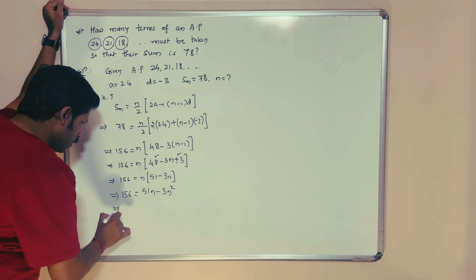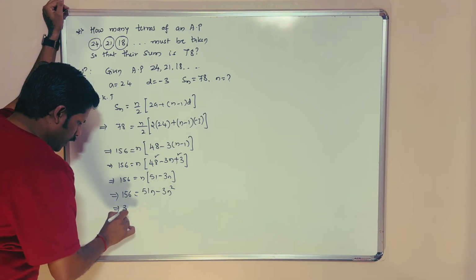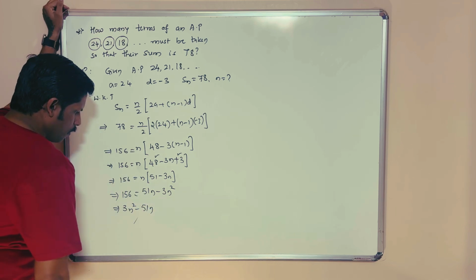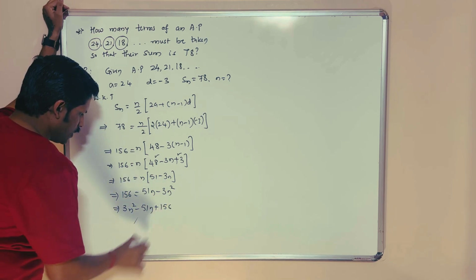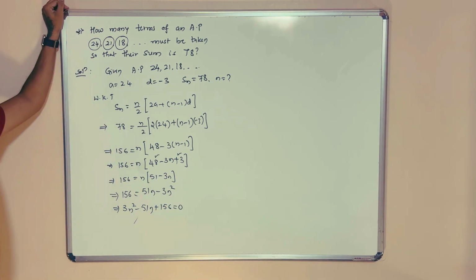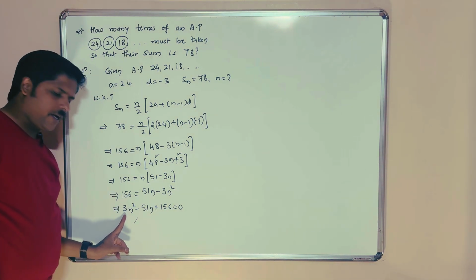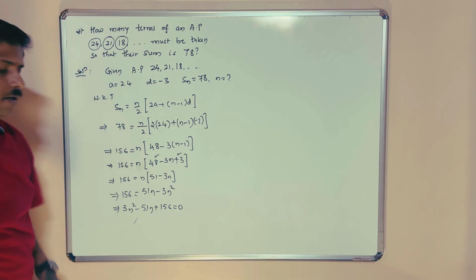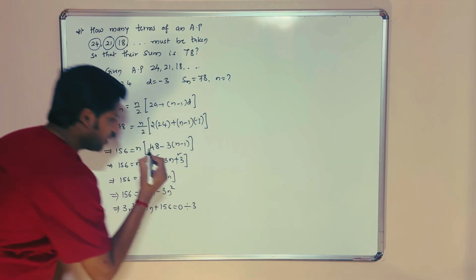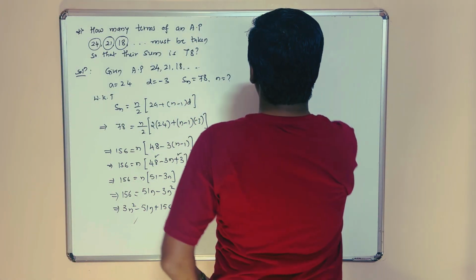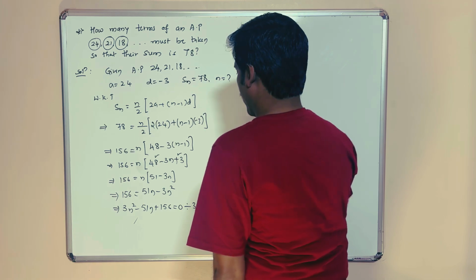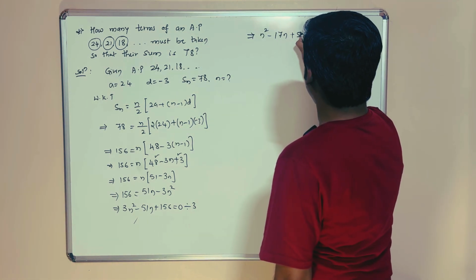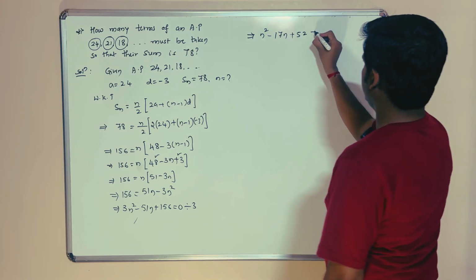We get 3n square minus 51n plus 156 is equal to 0. Here the n square coefficient is 3, and 51 and 156 are also multiples of 3. So dividing the whole thing by 3, we get n square minus 17n plus 52 is equal to 0.